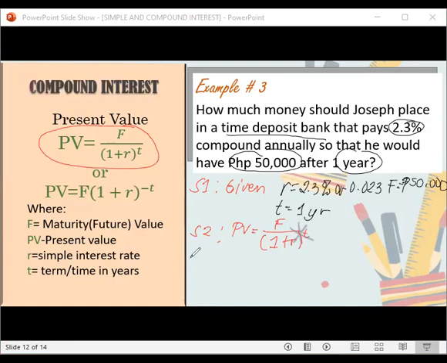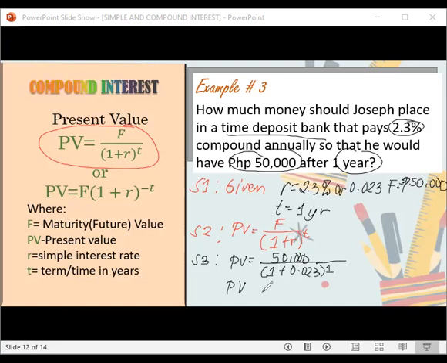So, syempre, substitute natin yung given doon sa formula. Ano ba yung future value nyo? 50,000 pesos. Ano yung inyong rate? Ang inyong rate ay 0.023, raised to time, which is 1.